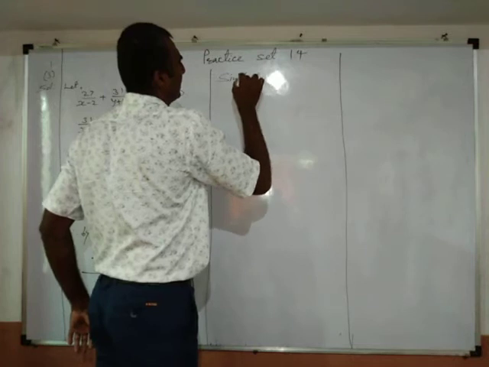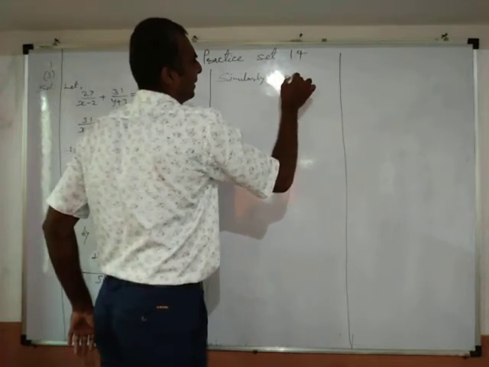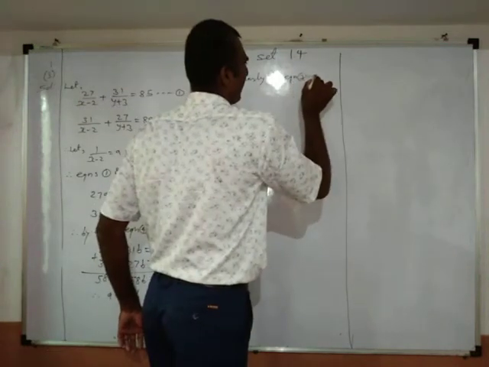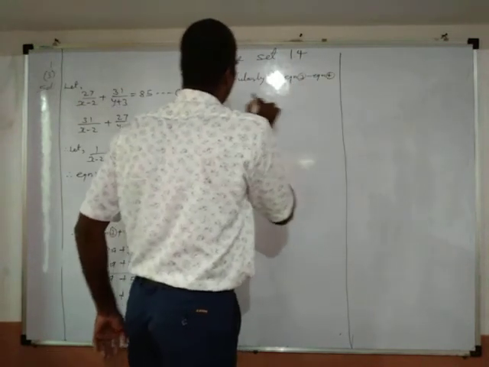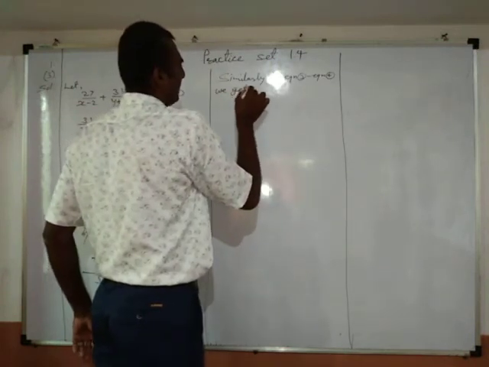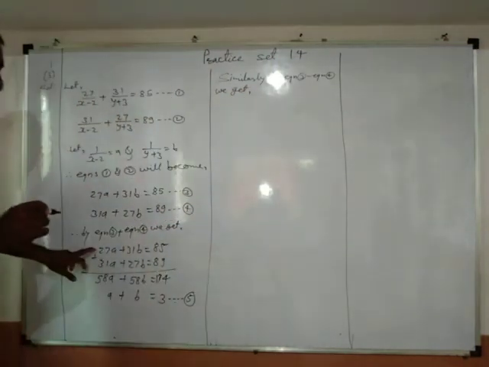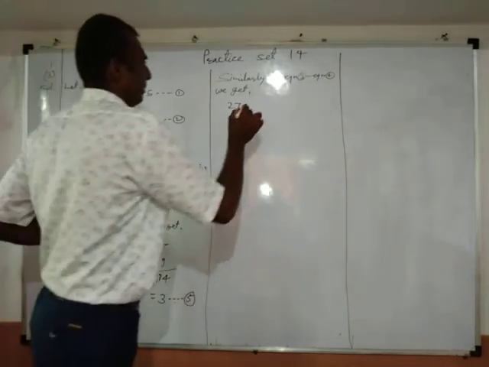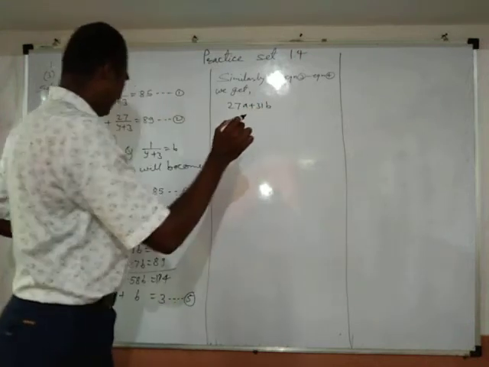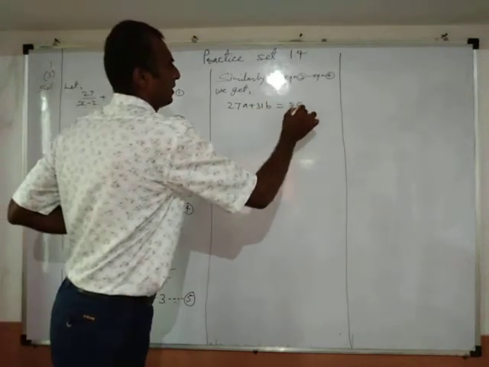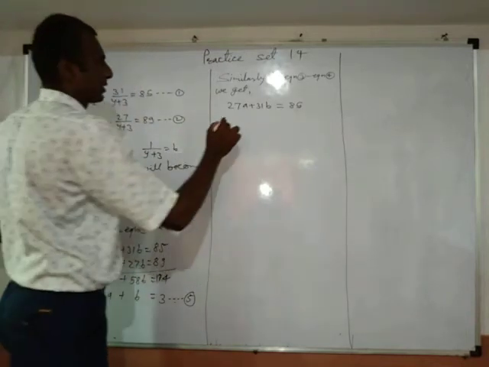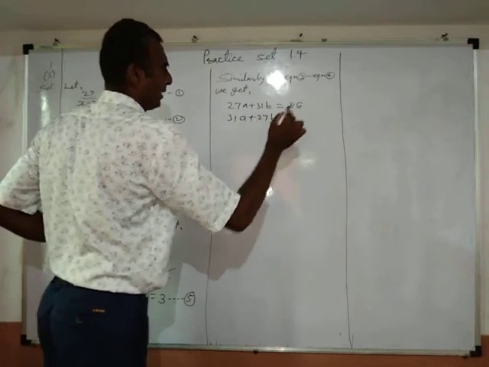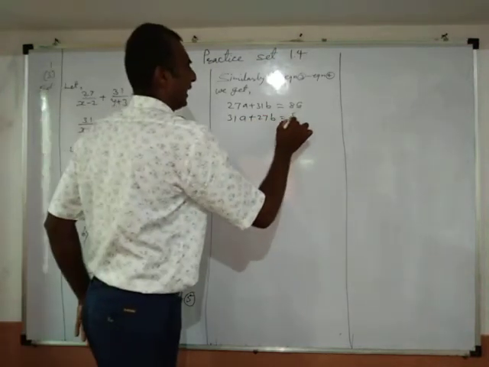Similarly, by equation 3 minus equation 4, let's find what we get. Equation 3 is 27a plus 31b equals 85. Equation 4 is 31a plus 27b equals 89.